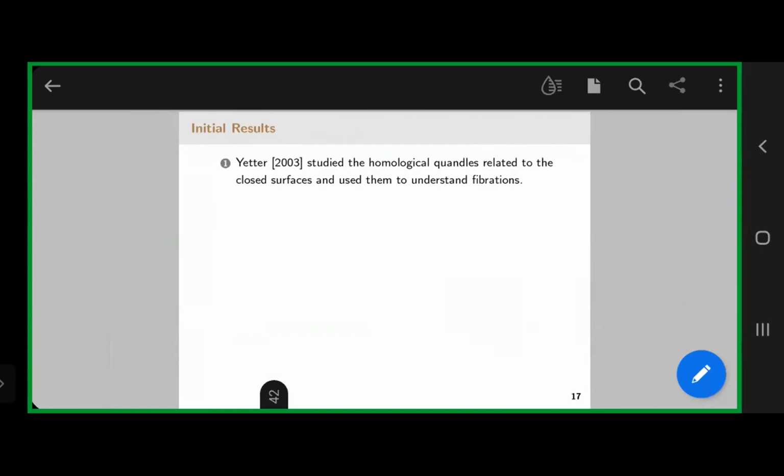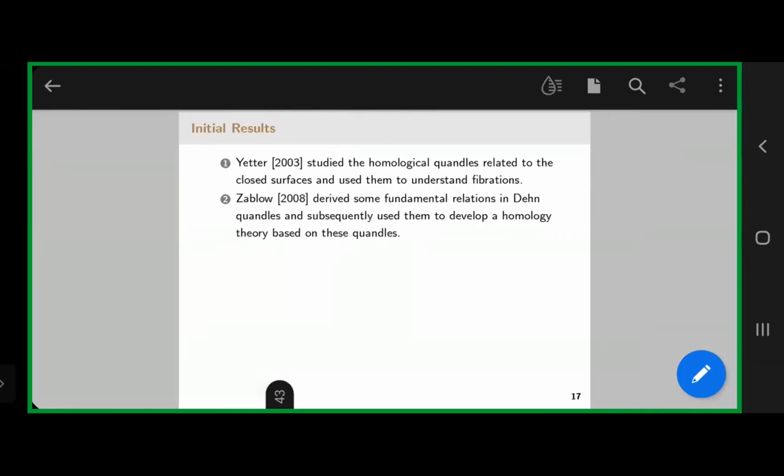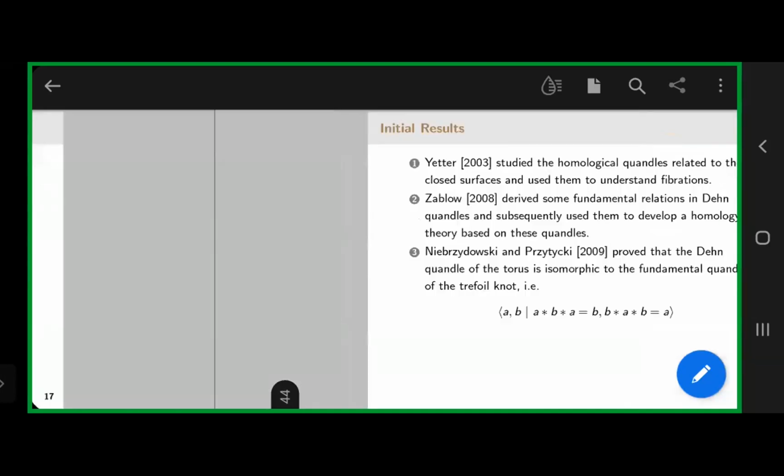The Dehn quandle appeared before Yetter also in Joyce's thesis. If you know this terminology, great. Then Jablan in 2008 came up with a great idea to understand the homology of these quandles, especially Dehn quandles, and showed that some cocycles have something related to the fibrations again.